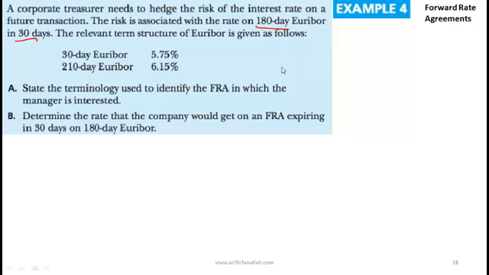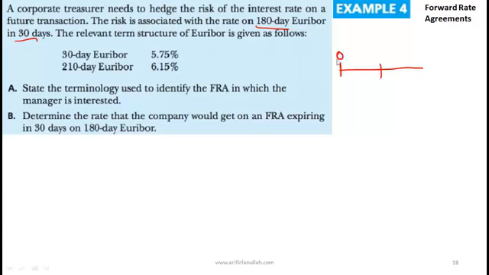So as a quick refresher, what is a forward rate agreement? It is where the long party gets into a contract to borrow a certain amount of money at a certain point in the future for a certain period of time. So this particular example is, the risk associated with the rate on 180-day Euribor in 30 days.